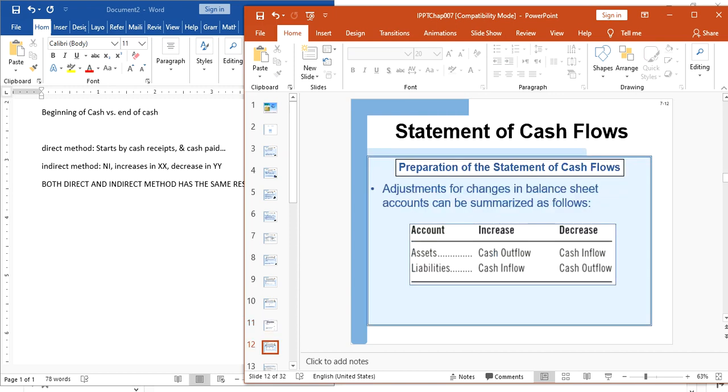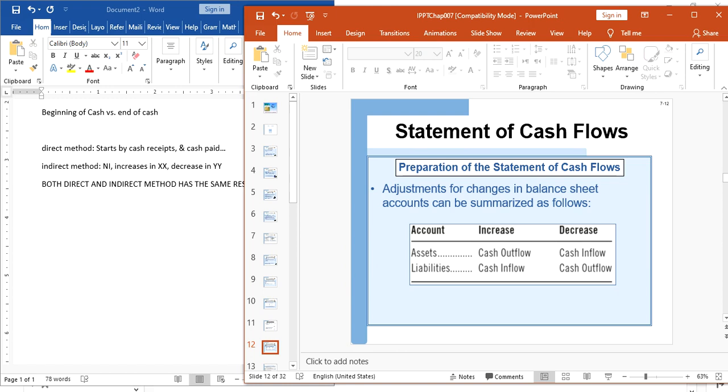Staying in the preparation of the statement of cash flows, the activities would be presented or calculated in this way. Assets: cash outflow, cash inflow. Liabilities: cash inflow, cash outflow.